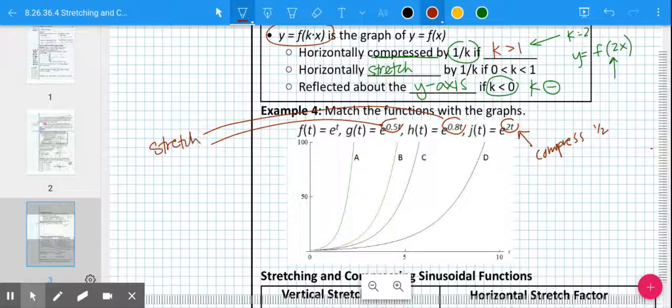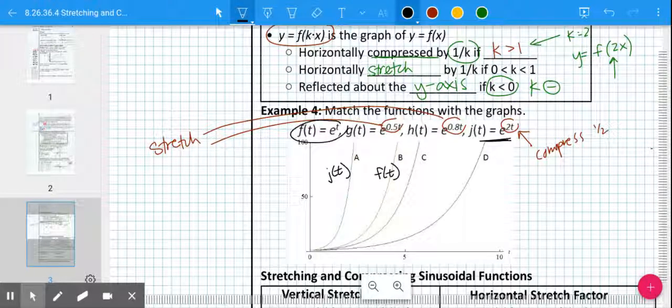So those are going to be the two more outer functions. And then the first two functions will either be the compressed or the original. Since this one is compressed, we want that guy to go in first. So my graph A is j of t. And then f of t will be this graph B.